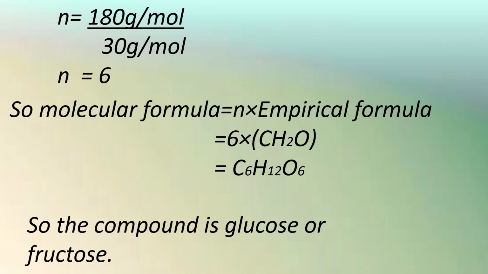We have identified the elements and the empirical formula weight. We will now calculate the value of N, which is equal to molecular weight divided by empirical formula weight. Molecular weight is already given in the example. 180 gram per mole divided by 30 gram per mole, the N value becomes 6. Now we can calculate the molecular formula.